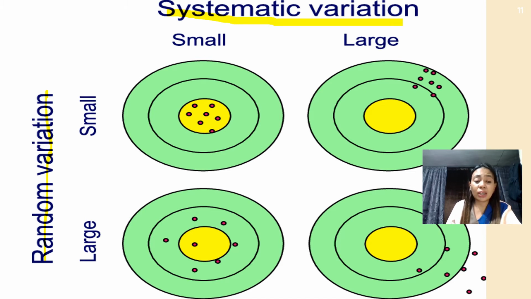So when do we say that our random error is small, or our systematic error is super large?